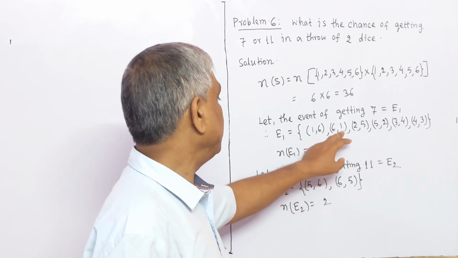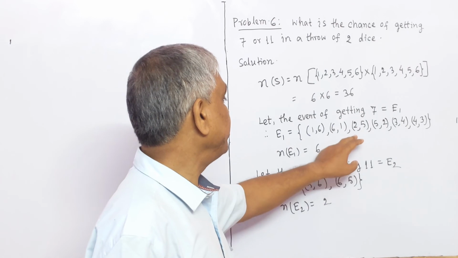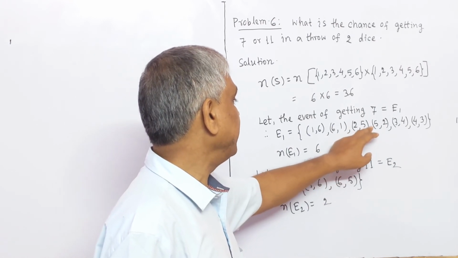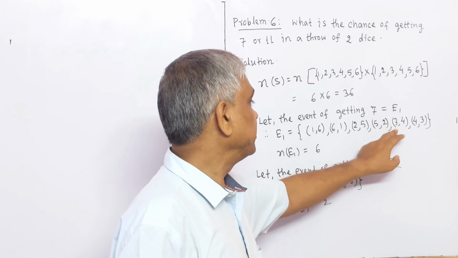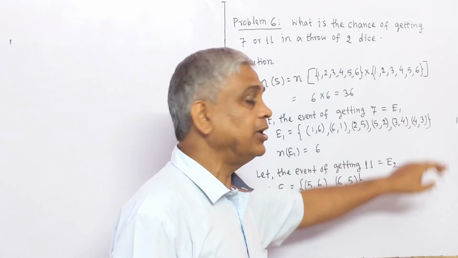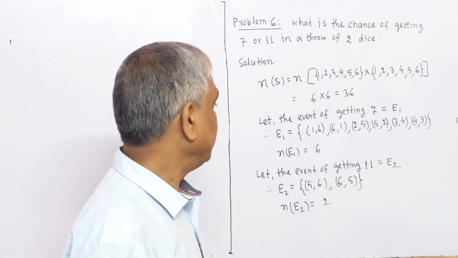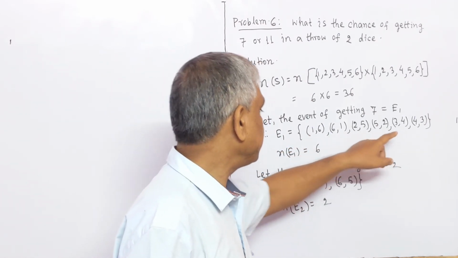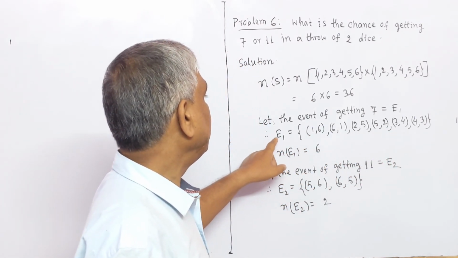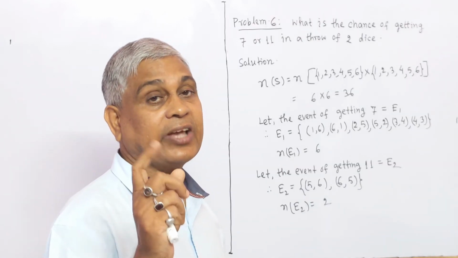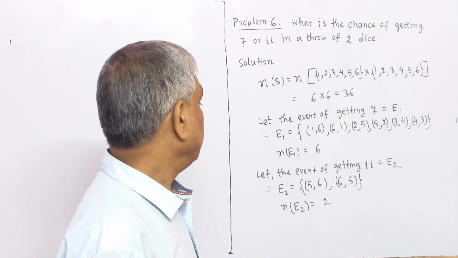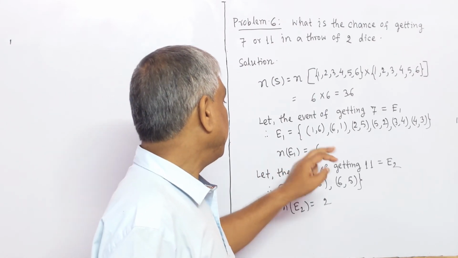Similarly, (6, 1), 6 plus 1 is 7, (2, 5), 2 plus 5 is 7, (5, 2), 5 plus 2 is 7, (3, 4), 3 plus 4 is 7, (4, 3), 4 plus 3 is 7. These are 6 elements in the event E1. E1 is the event for getting 7. So N(E1) equals 6.